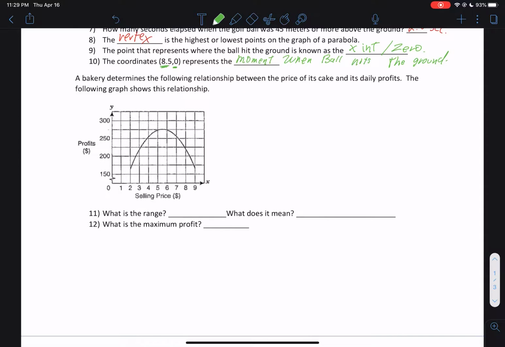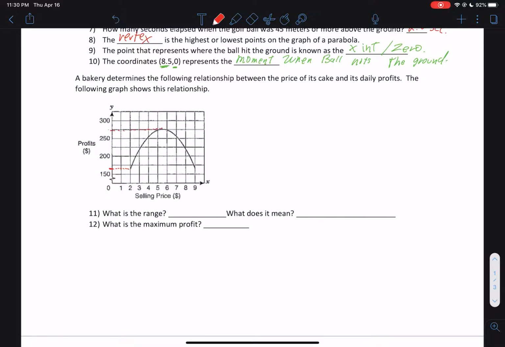What is the range? To answer this, we need to understand from where to where we have information. On the y-axis, this is the lowest point, and my highest point happens to be over here.